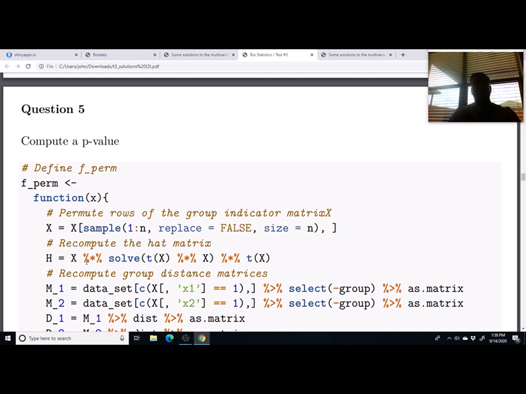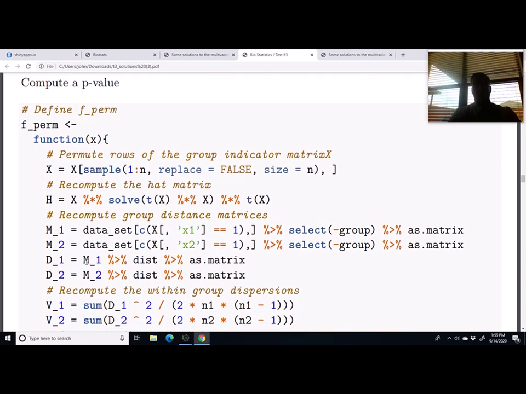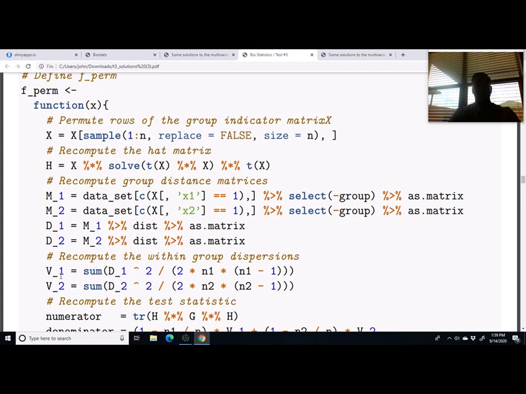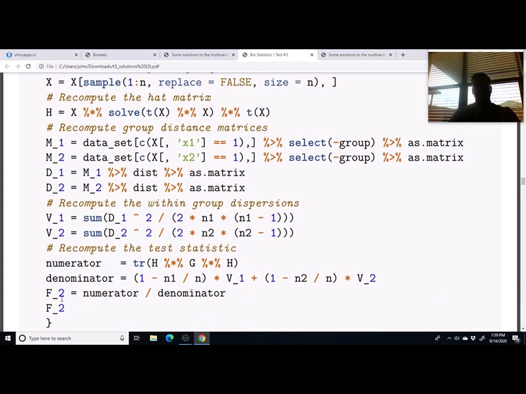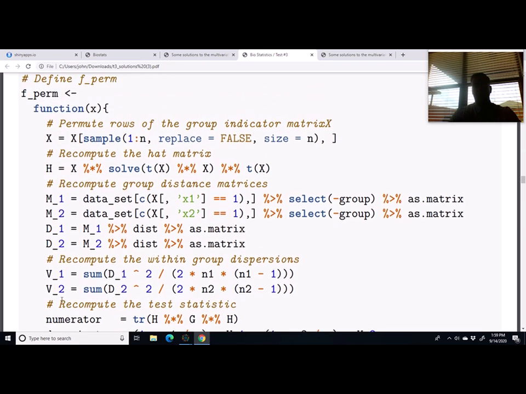Then I recompute the hat matrix, and I recompute M1 and D1 and D2. And then I recompute V1 and V2. Then I recompute the numerator and denominator, and I recompute F2. So we're recalculating the test statistic after we randomly permute the grouping variable.